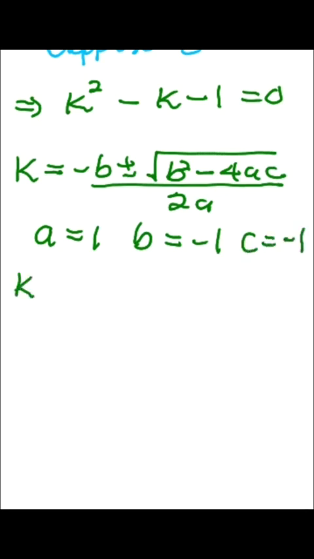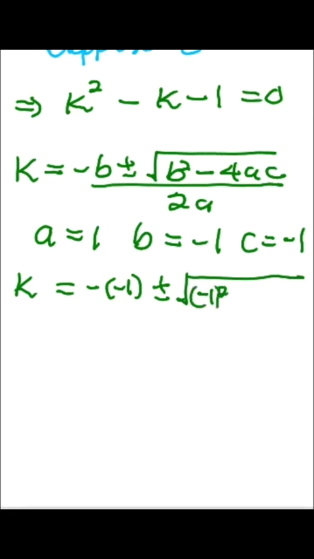Let's plug in the values. We have minus b, which is minus of minus 1, plus or minus the square root of (minus 1) squared minus 4 multiplied by a, which is 1, multiplied by minus 1, divided by 2a, which is 2 times 1.